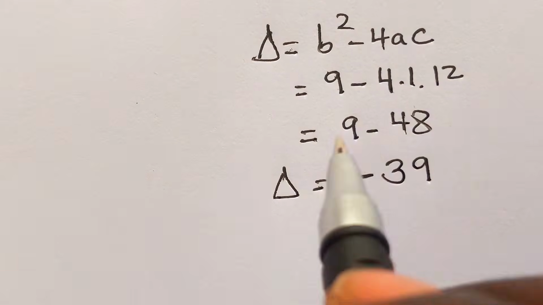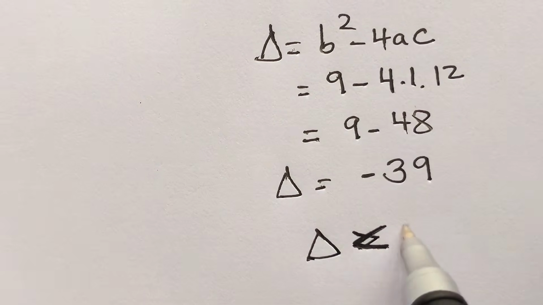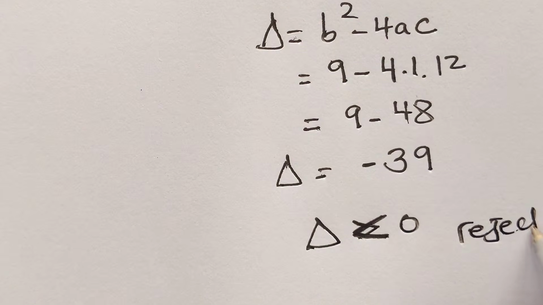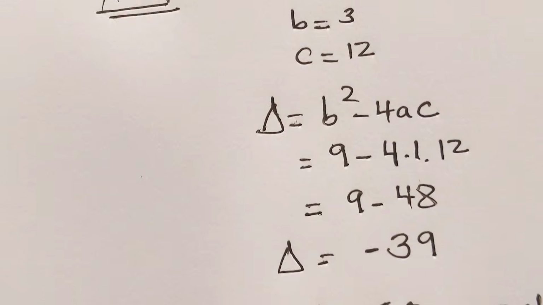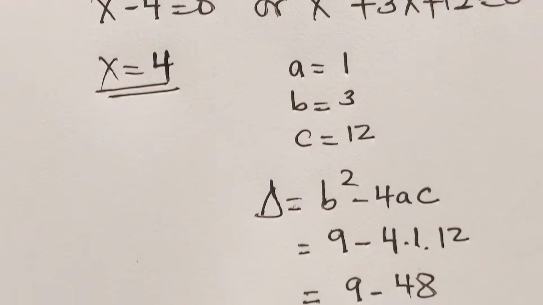Delta is less than 0, that's why I shall reject these values, and you have x equals 4.